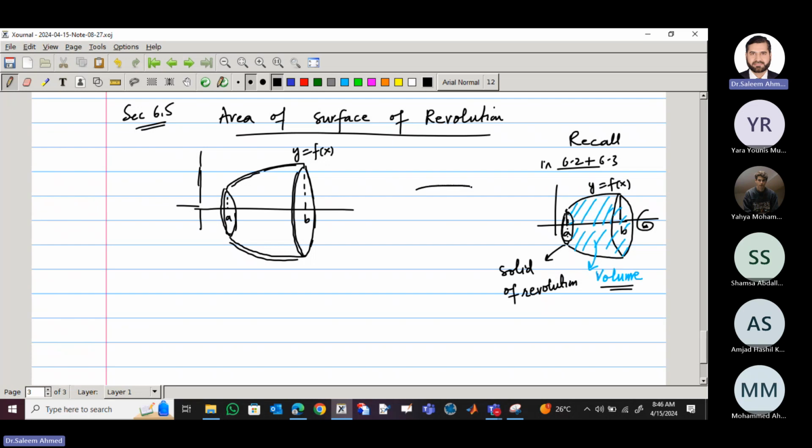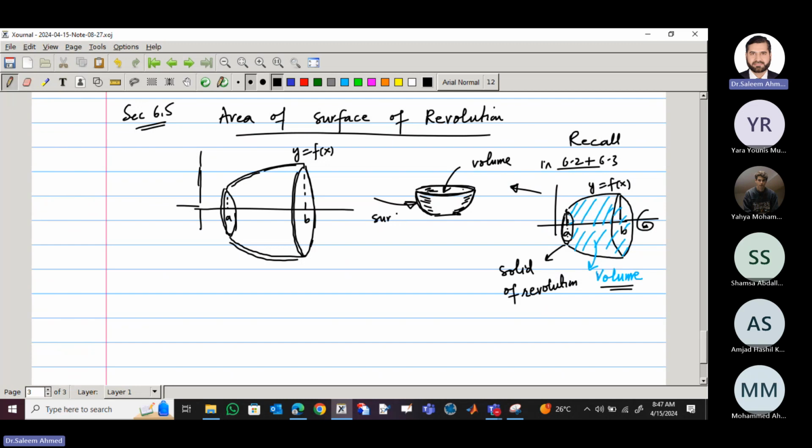Whatever cup we are getting, let's say we got a cup type thing. The volume is inside, which is coming from here. And this outer surface, if you want to find the area of this outer part only, that is your area of surface, or you can call it the surface area.